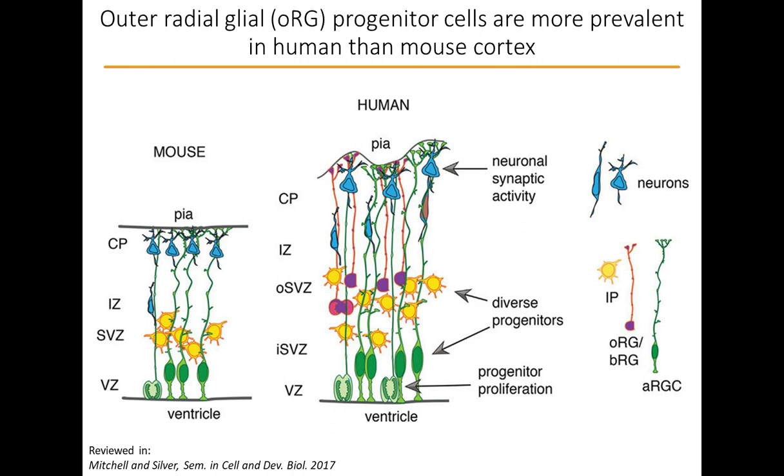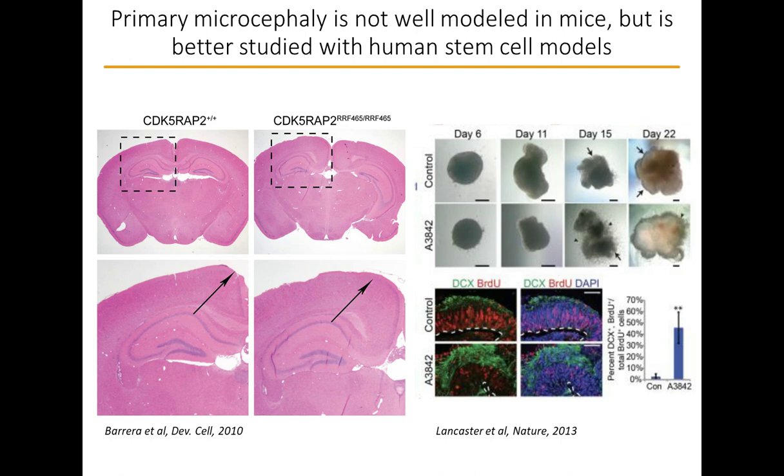You might notice from this review that humans have an additional cell type not commonly found within the mouse brain, called the outer radial glial cells. These cells can also proliferate, greatly expanding the number of neurons that can develop from a single ventricular progenitor cell division. Due to these differences in brain development, certain human disorders are not well modeled in mice.